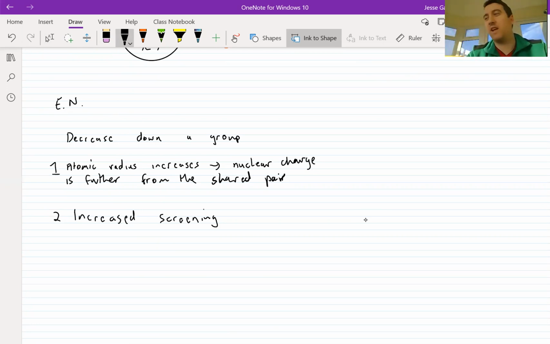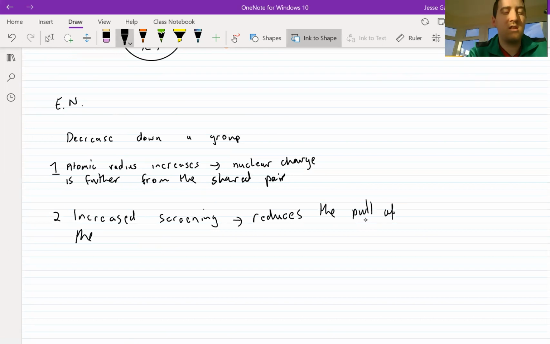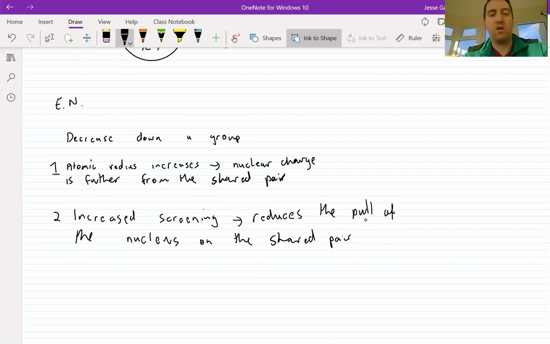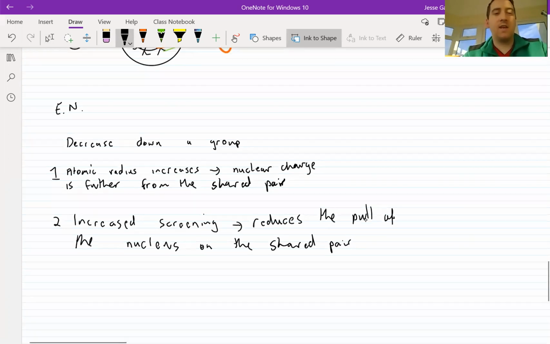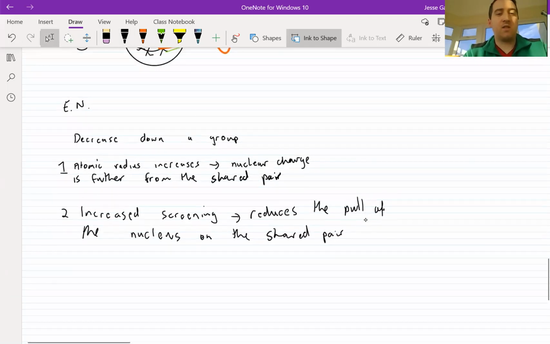So essentially, the screening reduces the pull of the nucleus on the shared pair, by shielding or repelling the shared pair of electrons. So that is what happens going down a group.